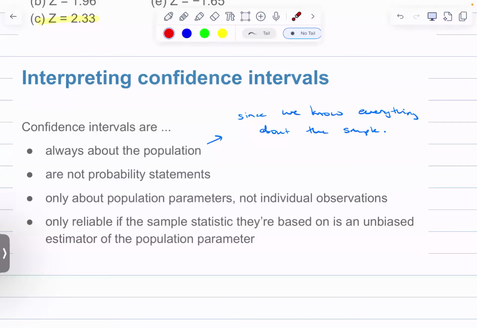Confidence intervals are not probability statements. That's the one that people love to incorporate. The probability is this. No, you're 95% confident that you've captured the population proportion. And so they're only about population parameters such as p or mu later on, not individual observations. And they're really only reliable if the p hat, for example, they're based on is an unbiased estimator of the population parameter.